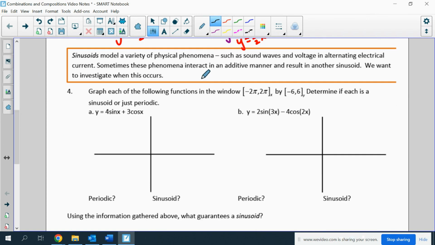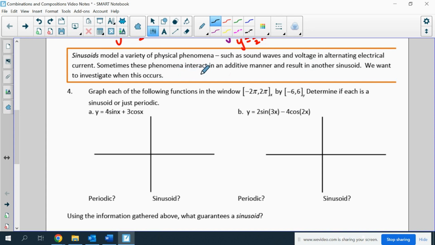The next topic that we're going to discuss are sinusoids, and they model sound waves and voltage in alternating electrical current and things like that. So sinusoids are things that look like sine or cosine graphs. One of the unique things about sinusoids is that there are some times when you can add and subtract sinusoids and they end up looking like another sinusoid.